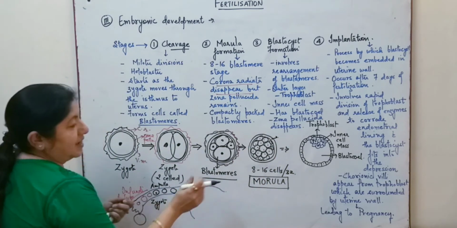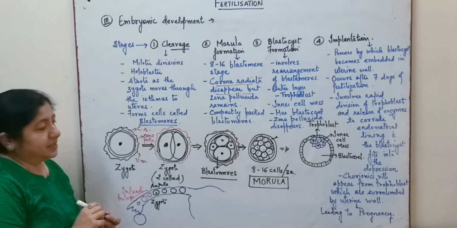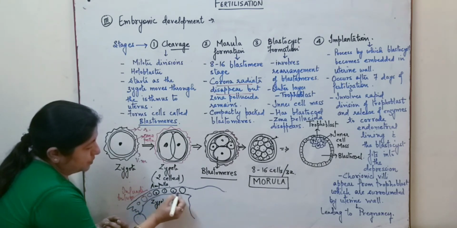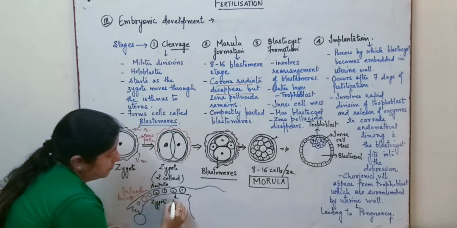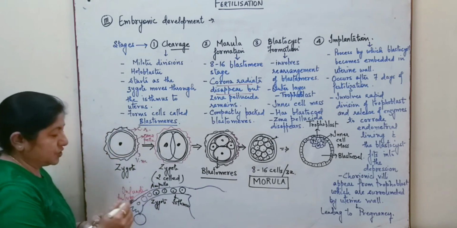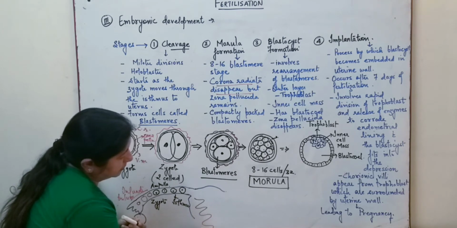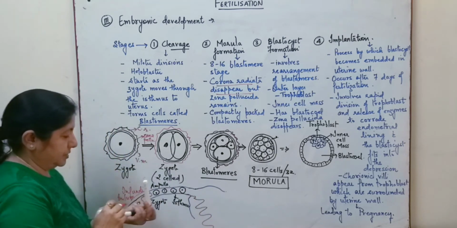These are compactly arranged in the morula stage. This morula stage continues through the isthmus region. Now this is the endometrial lining of the uterus.